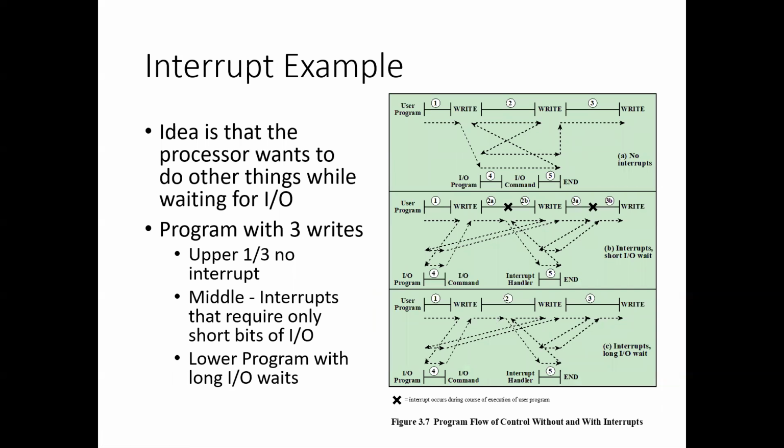So the idea is that the processor wants to do other things besides waiting for I/O to finish up. So for a program with 3 writes, in the upper third, there's no interrupt. So you have the program, it runs for a bit, then you need to write, which requires an I/O command, and then that ends, it transfers back up to the end of that write, and then proceeds to execute part 2.